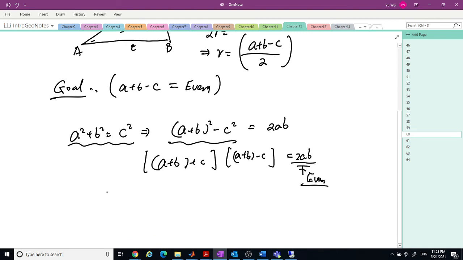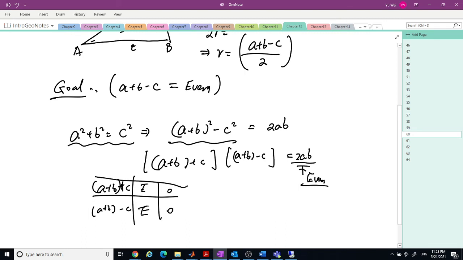And we know a plus b plus c and a plus b minus c, what could they be, even or odd, right? So the right side is an even number. So odd times odd must be odd, right? So there's no way to do this. So there must be an even number. So that's why this is an even number. Once you know this is an even number, this is an integer.